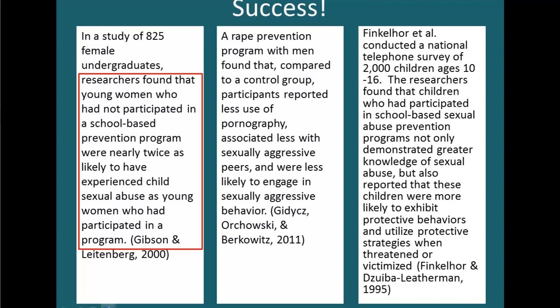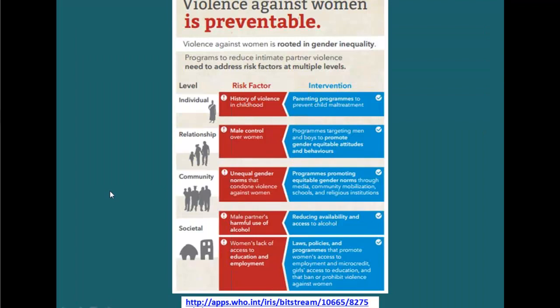I know that numbers don't always connect with every community, and this is a nice infographic talking about how violence is preventable, showing different levels that it can be happening on, and then interventions that have been shown to be successful. So, for example, we know on the relationship level, that second one, that a risk factor is male control over women.